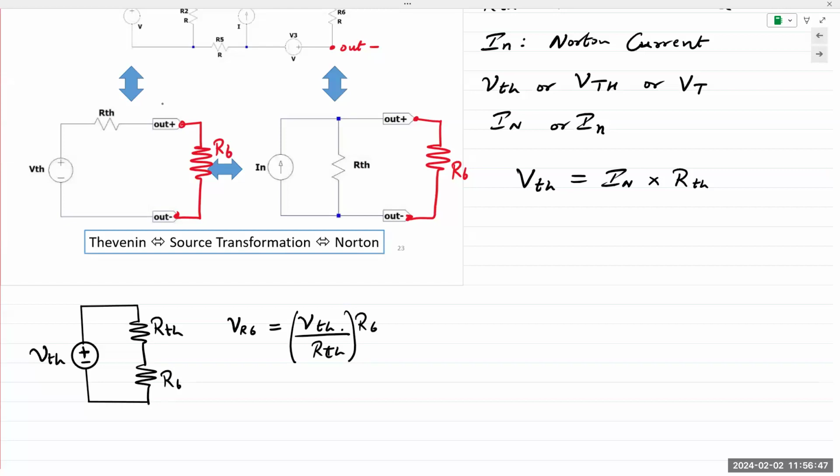Voltage across R6 would be a fraction of VTH, and that can be given by voltage division, right? Now you could take a million values of R6, but you program this equation in your spreadsheet, apply as many values as you want, it would give you a million answers within a few seconds. Okay, one-step answer.